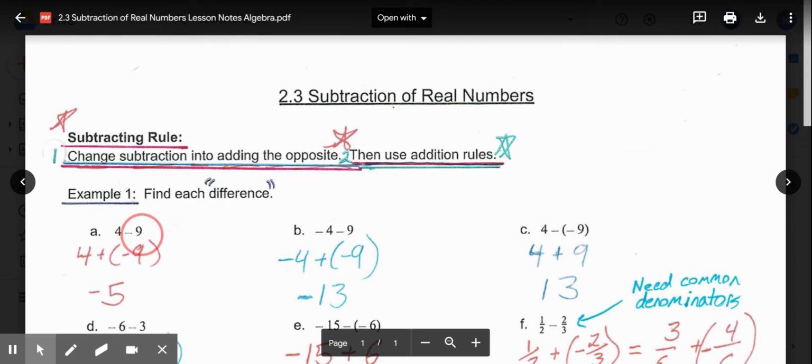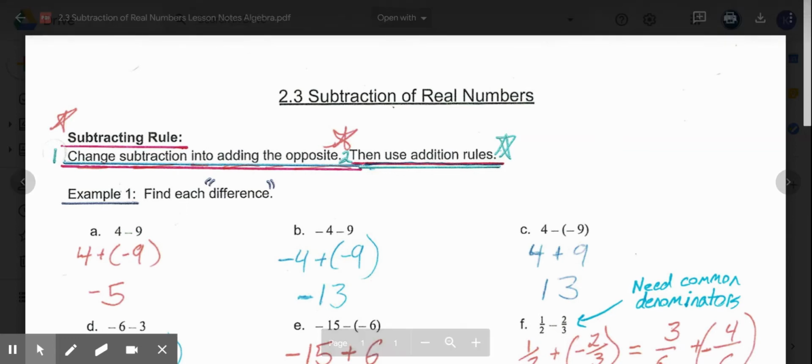So then we change the sign from a positive to a negative. So we're adding the opposite. So you change from subtraction to addition and you change the sign. Sometimes this double change will be referred to as the change process or cha-cha. That's what I use to remember it.